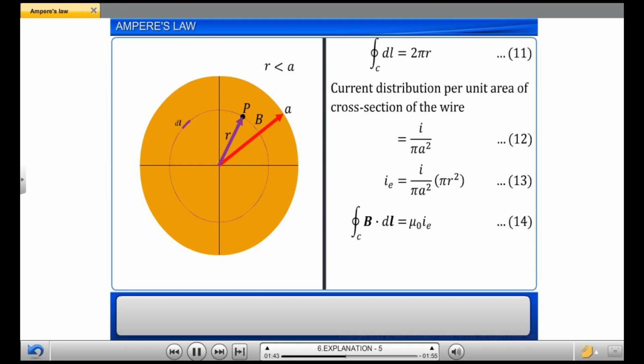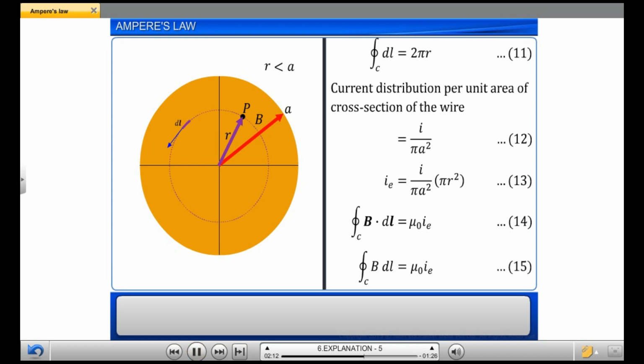Since the magnetic field at any point on the Amperian loop is in the direction of the tangent to the Amperian loop at that point, B dot dl can be written as B dl. Then, equation 14 can be written as integral over the closed curve C B dl is equal to mu naught I E. Let this be equation 15.